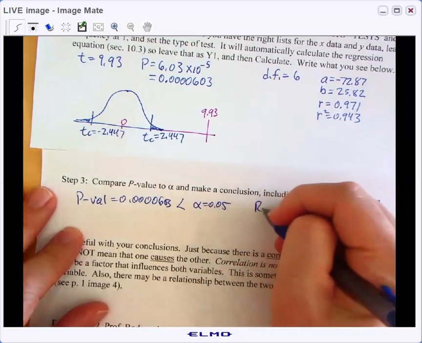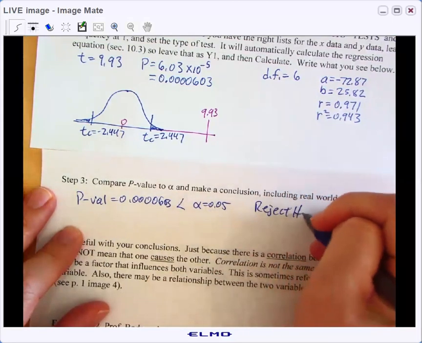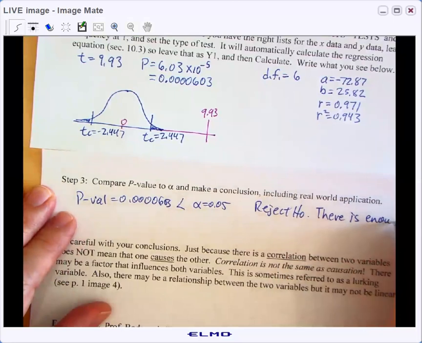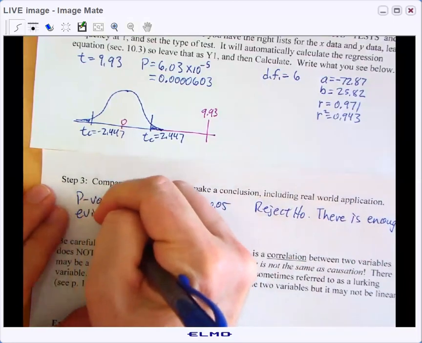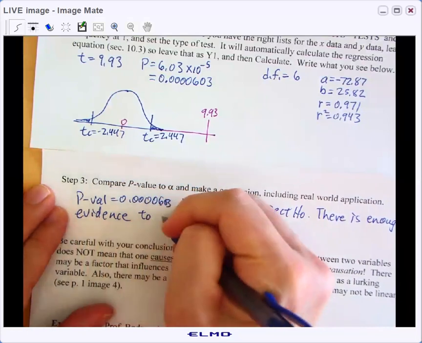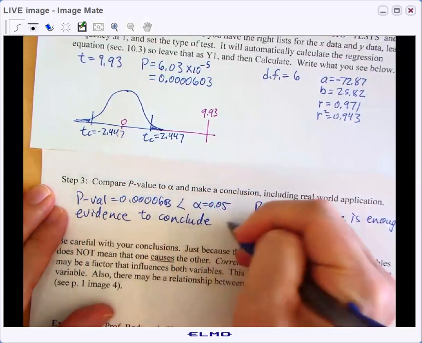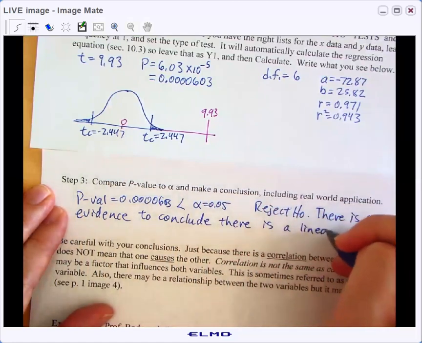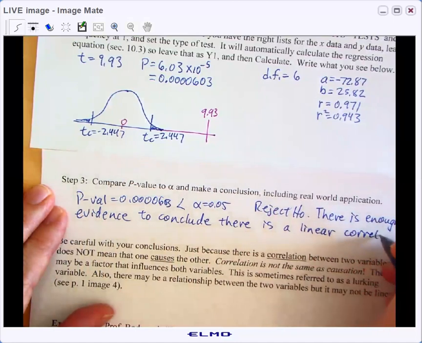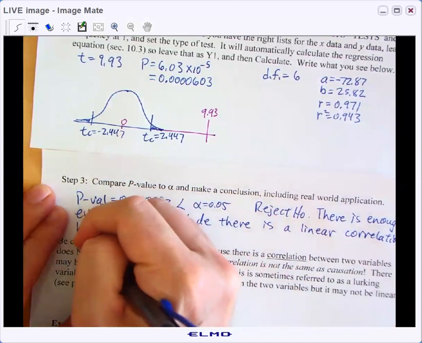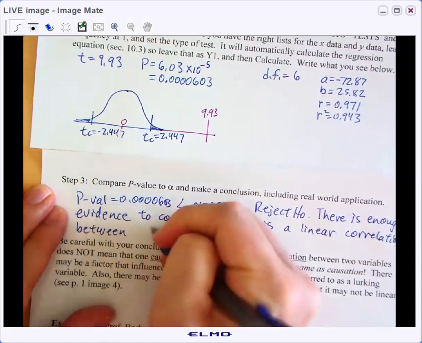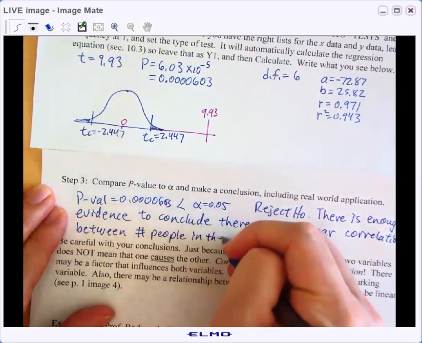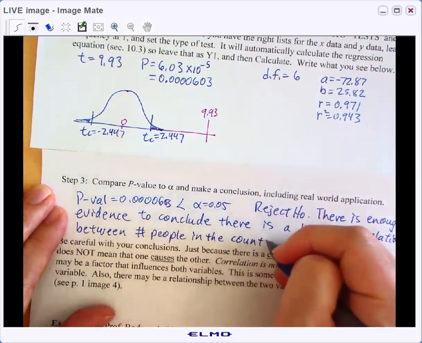So we will conclude to reject H naught, meaning there is enough evidence to conclude there is a linear correlation between the number of people in the county and the number of crimes.